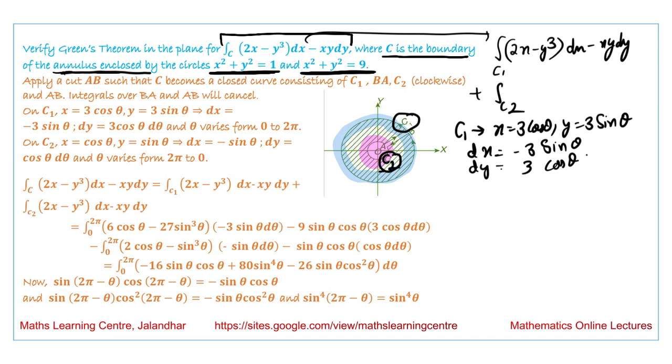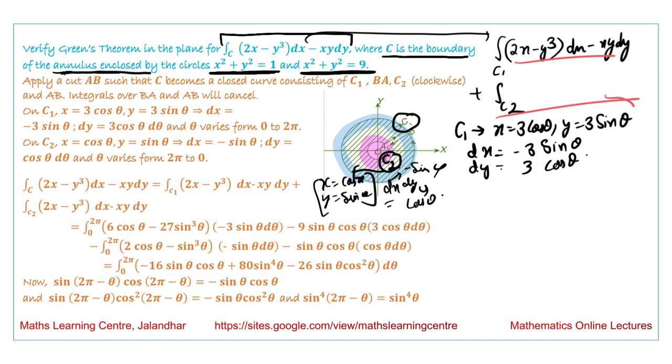Similarly for the curve C2 we substitute x is equal to cos theta, y is equal to sin theta, dx is minus sin theta d theta and dy is cos theta d theta. On substituting these values, both integrals change to the form where theta varies in both cases from 0 to 2 pi.